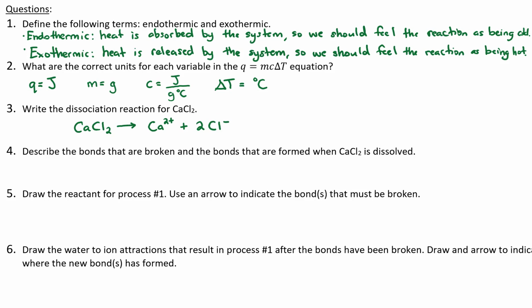Okay, number 4. Describe the bonds that are broken and the bonds that are formed when calcium chloride is dissolved. So I'm going to be categorizing it for y'all. Let's start off with the top row as broken bonds. The bonds that are broken are the bonds between calcium and chlorine.